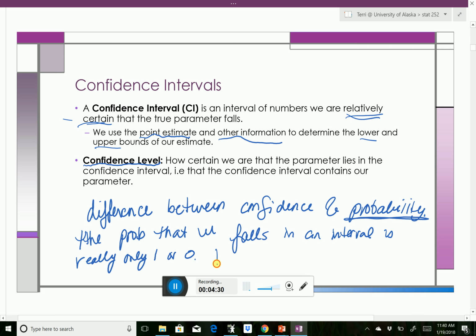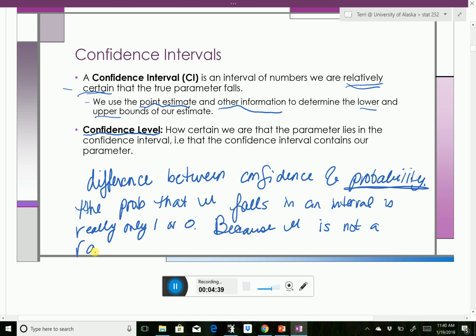Why? Because mu is not a random variable. It is simply a constant that we don't know.